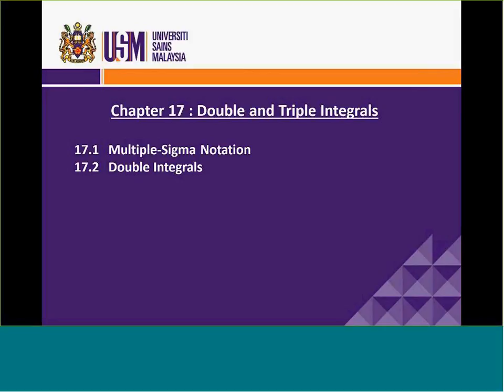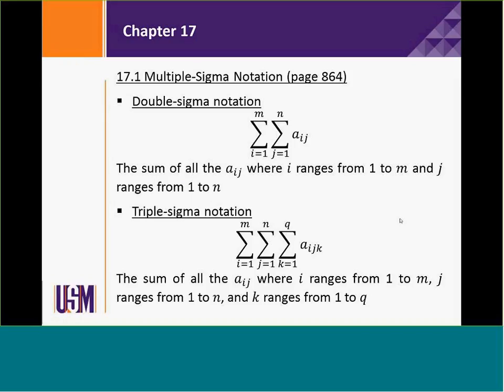If in calculus you involve only single integrations, you have only one summation. Now for multiple integrals, you have double sigma notation or triple sigma notation, where you now have three variables.